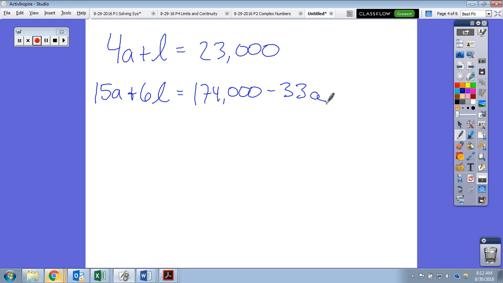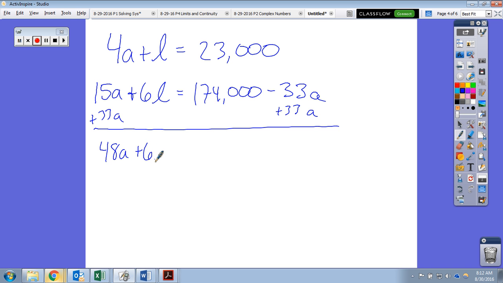Let me go ahead and have all my A's and L's on one side for this guy. So if I add 33A to both sides, that would become 48A plus 6L equals 174,000.